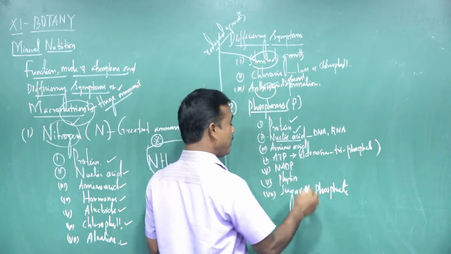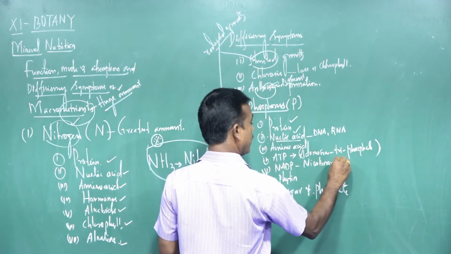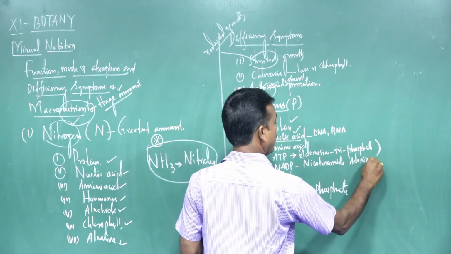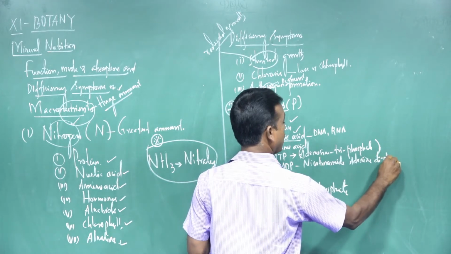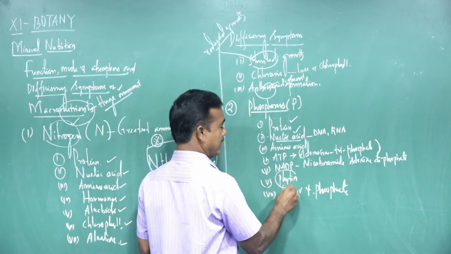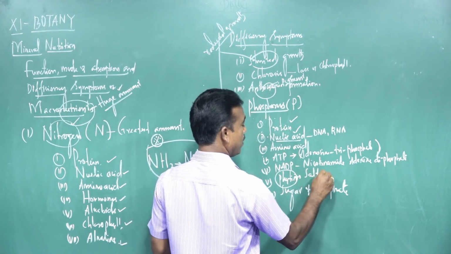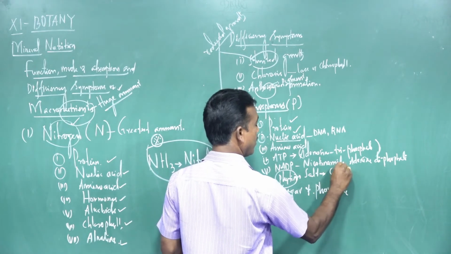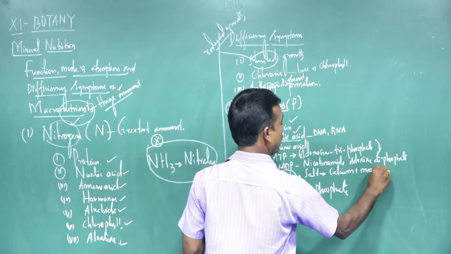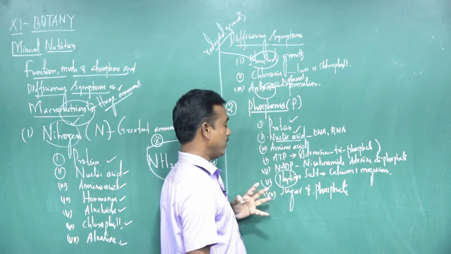NADP stands for nicotinamide adenine dinucleotide phosphate. Phytin is a kind of salt of calcium and magnesium, as well as sugar and phosphates.